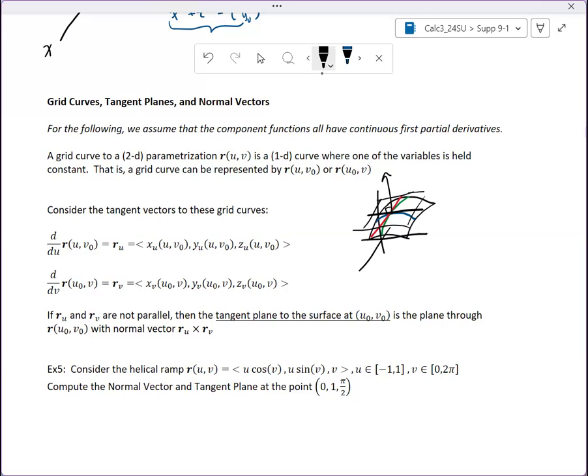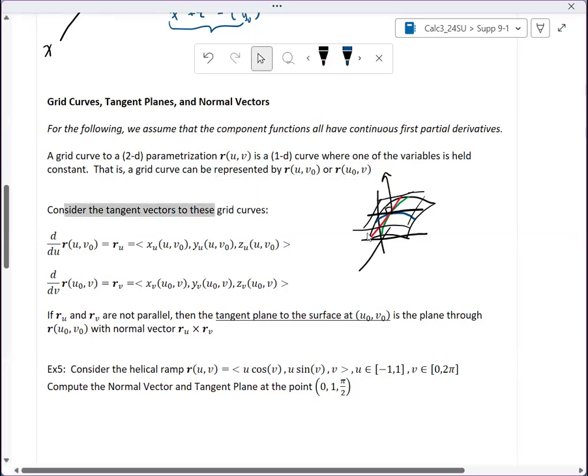Again, this is all stuff that should be familiar from our discussions on partial derivatives in the past. We're just reimagining this from the standpoint of parametrized surfaces. So the underlying ideas are all the same, but it just has a slightly different surface level look to it.